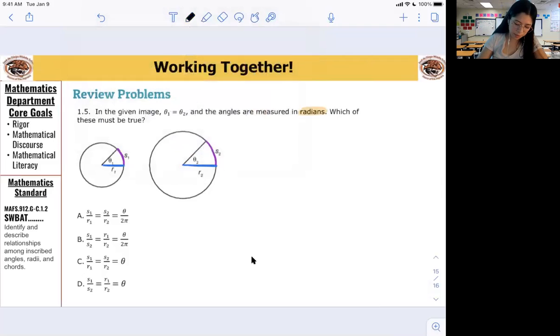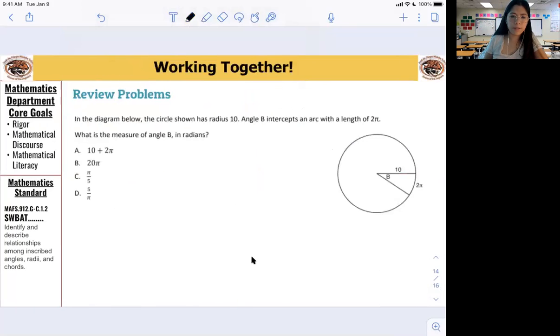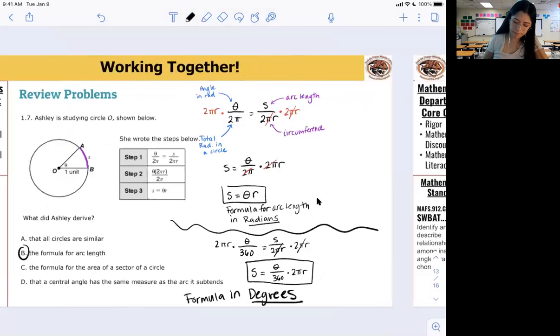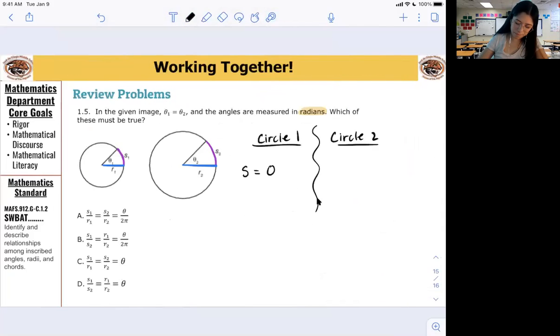So first, let's call this one circle number 1, and then we'll look at circle 2. For circle number 1, using the formula we just wrote down, arc length in radians equals theta r. But we know that theta 1 is equal to theta 2, and all of these are S1, theta 1, and R1.